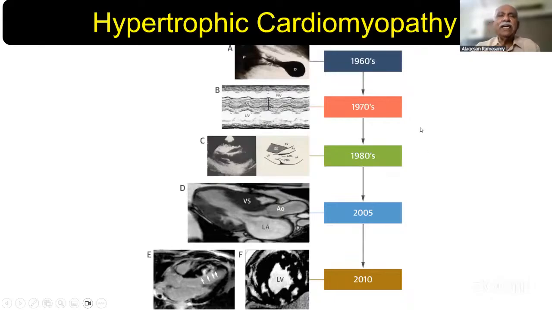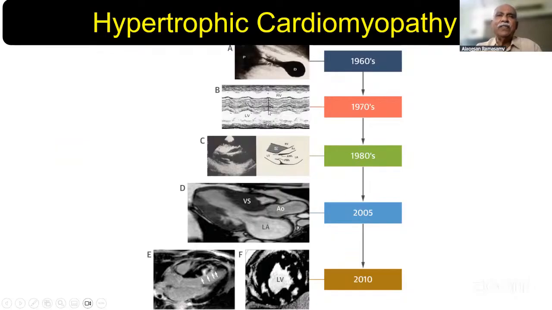Hypertrophic cardiomyopathy itself was described in 1956, and in the 1960s, it was the left ventricular angiogram which was used to diagnose left ventricular hypertrophy and hypertrophic cardiomyopathy. In the 1960s and 70s, echocardiogram came into existence, from which we are able to measure the thickness of the left ventricular walls, like the interventricular septum and left ventricular posterior wall.